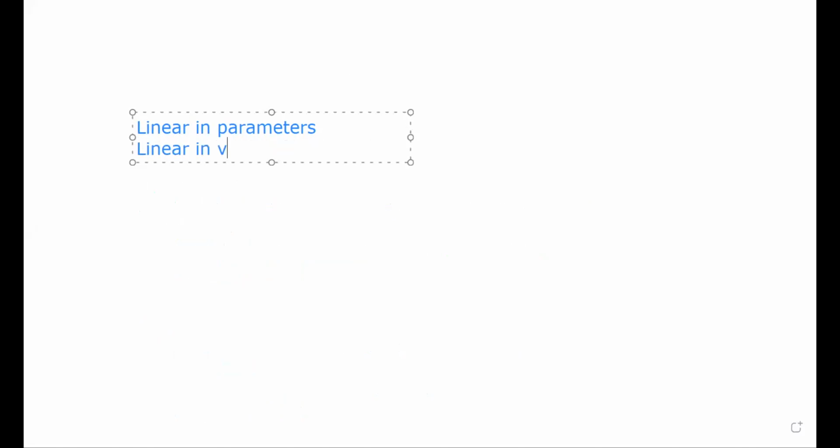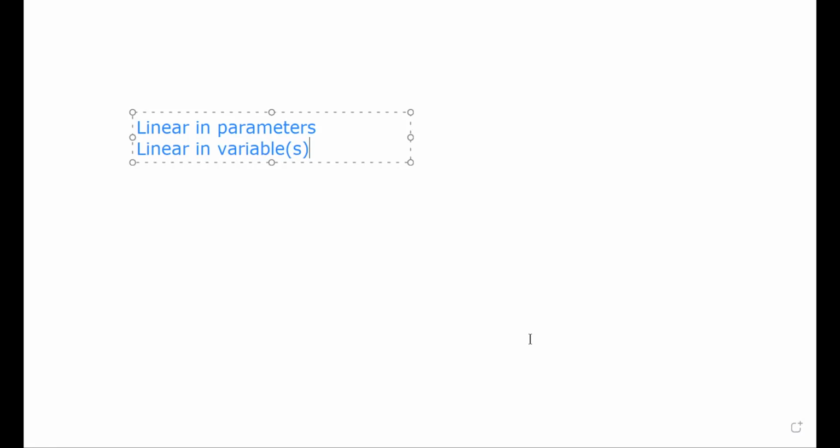We have two kinds of linearity. The first is linear in parameters. This is the first condition: the equation must be linear in parameters. Another one is linear in variables.